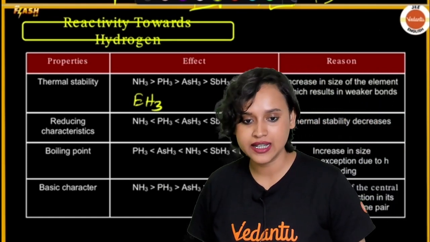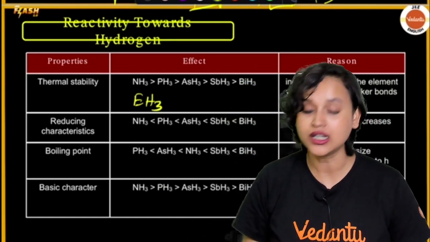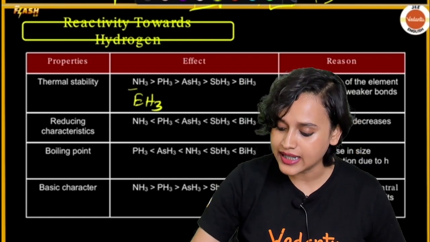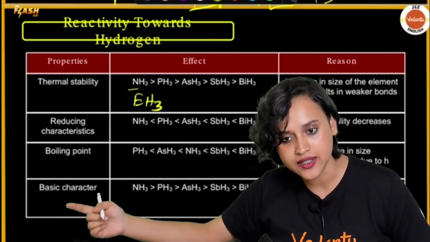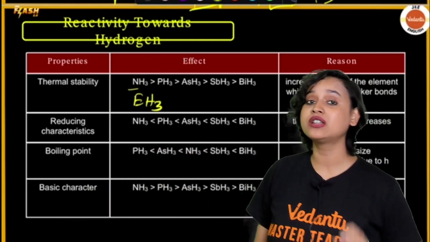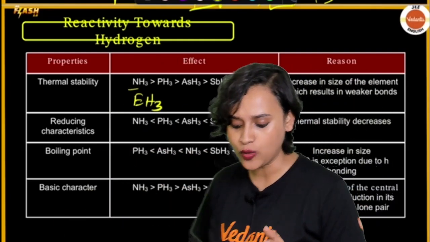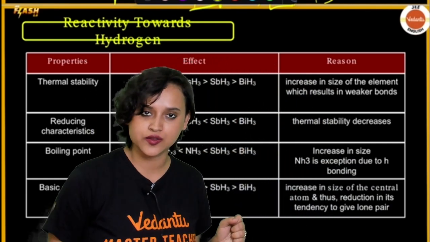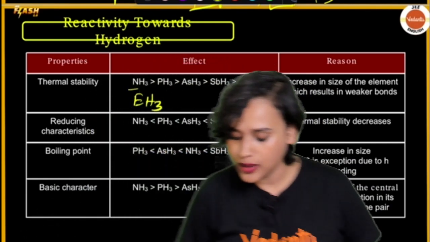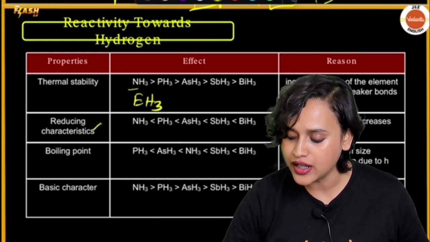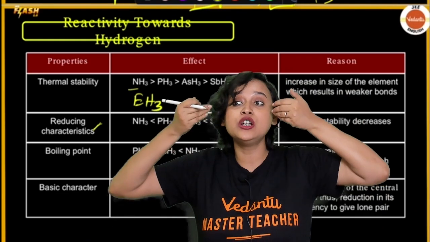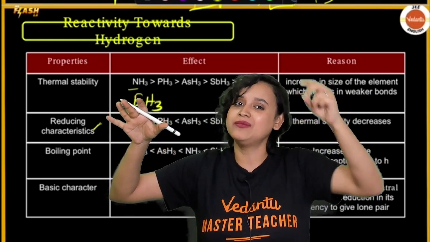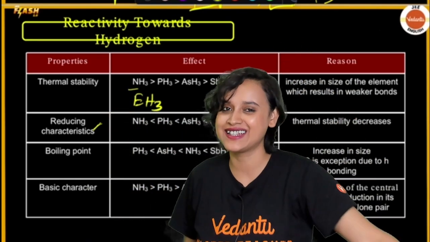Now here you can see the thermal stability. NH3 has the highest thermal stability, then PH3, then AsH3, then SbH3 and then BiH3. If we want to talk about the acidic strength, what do you think it will be? The acidic strength will be the same as the reducing character, because whoever has a larger size will be able to give up the hydrogen atom, and hence acidic strength increases.